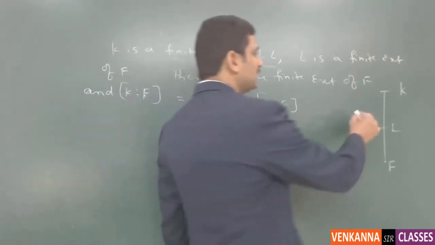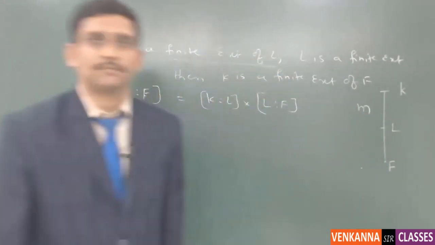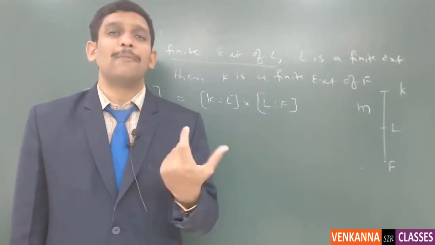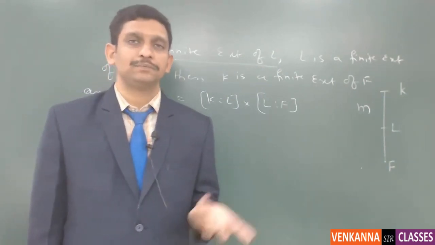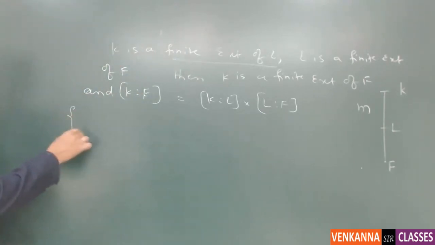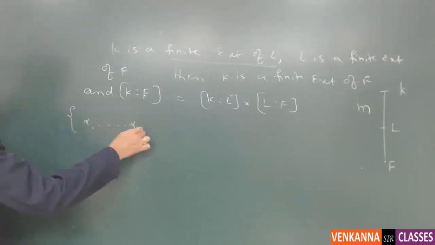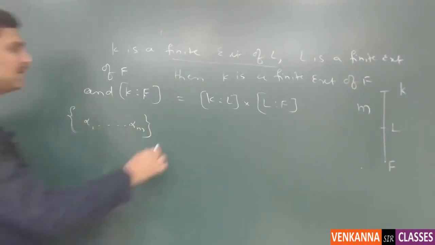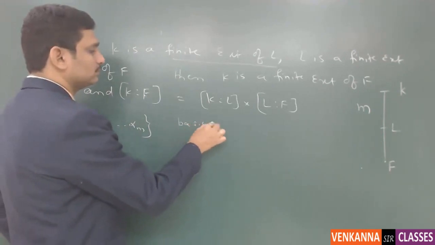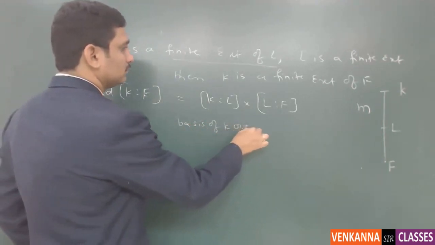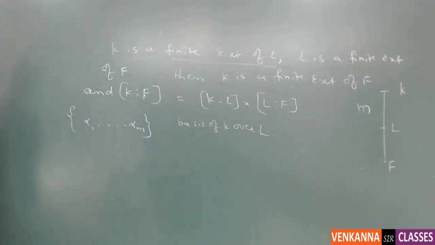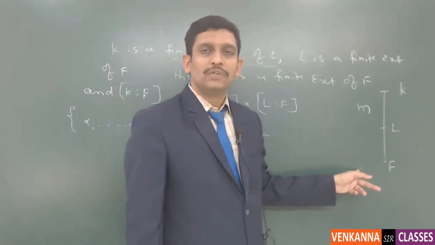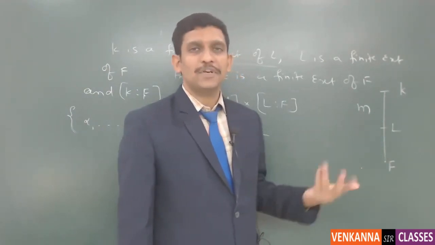Let us take this as M. It means that in the field K, you can have M values which are a basis for K. So let us take the values as alpha 1, alpha 2, and so on, alpha m, a basis of K. Similarly, L is a vector space over F. So L also has a dimension.